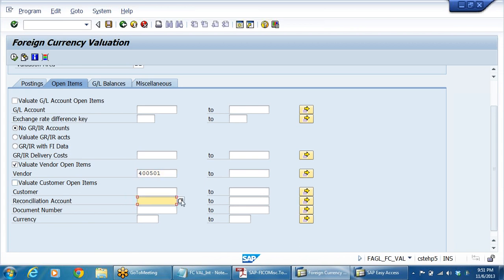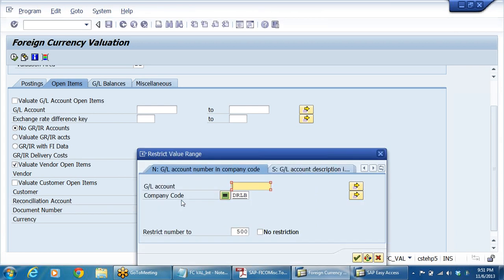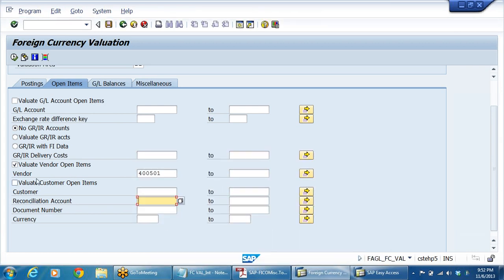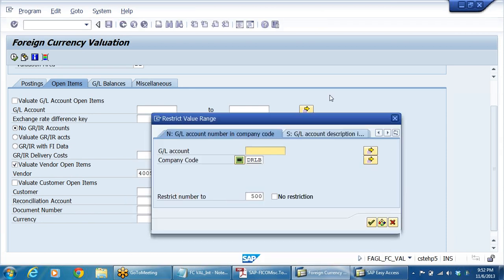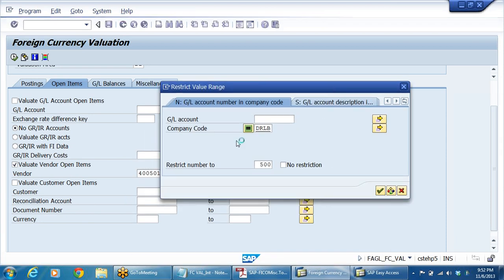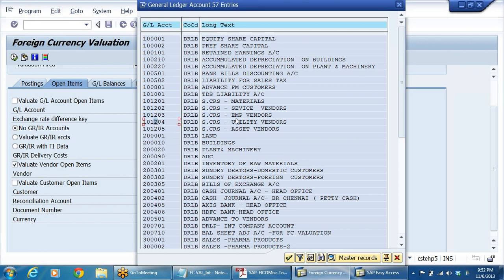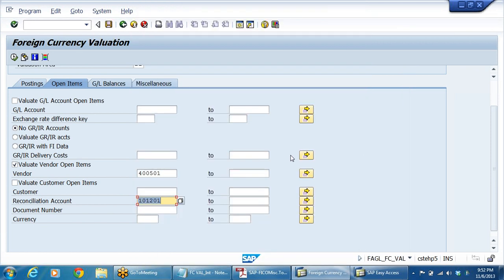Reconciliation account. What is the reconciliation account? The vendor reconciliation account I want to give: raw material vendor, sundry transfer raw material.